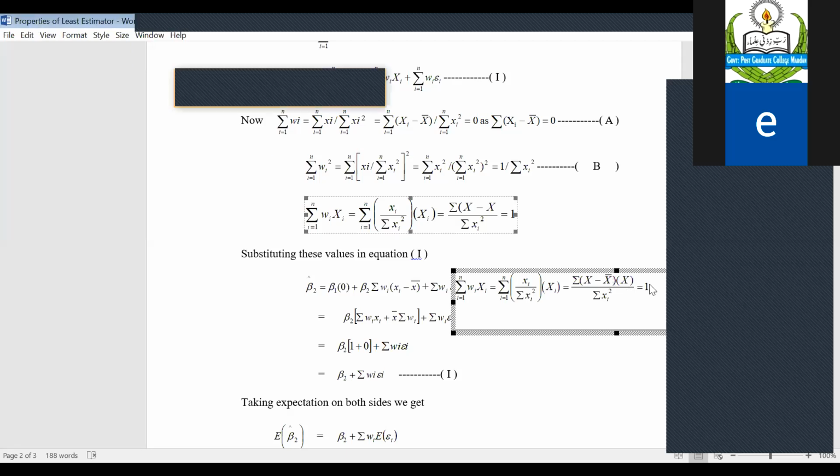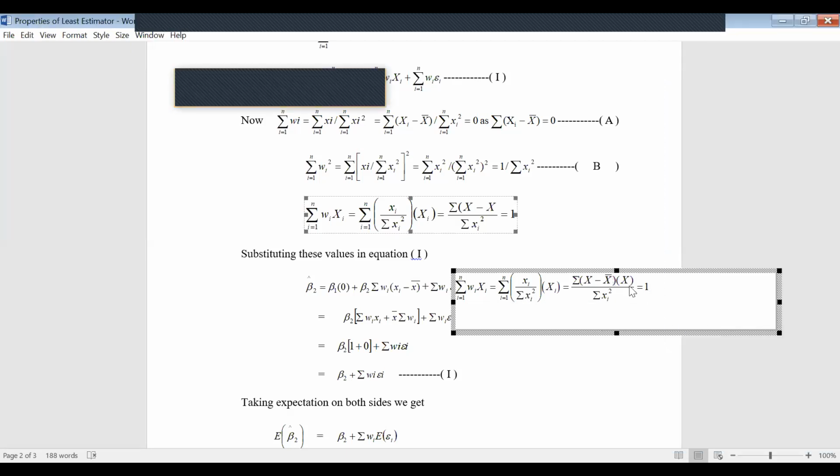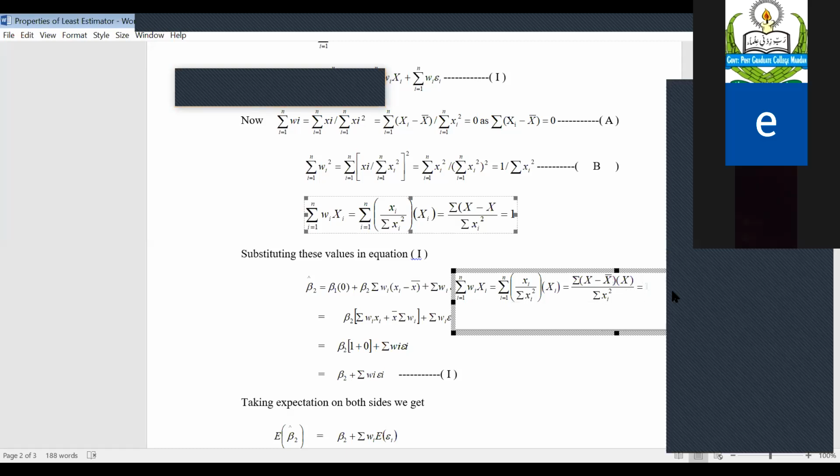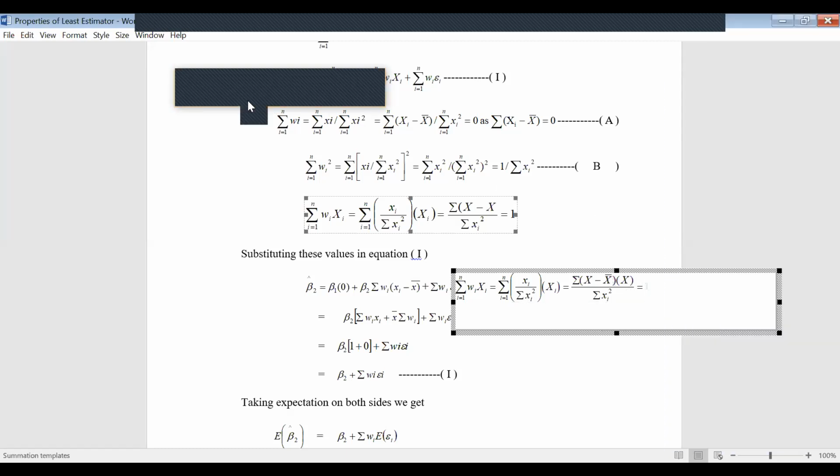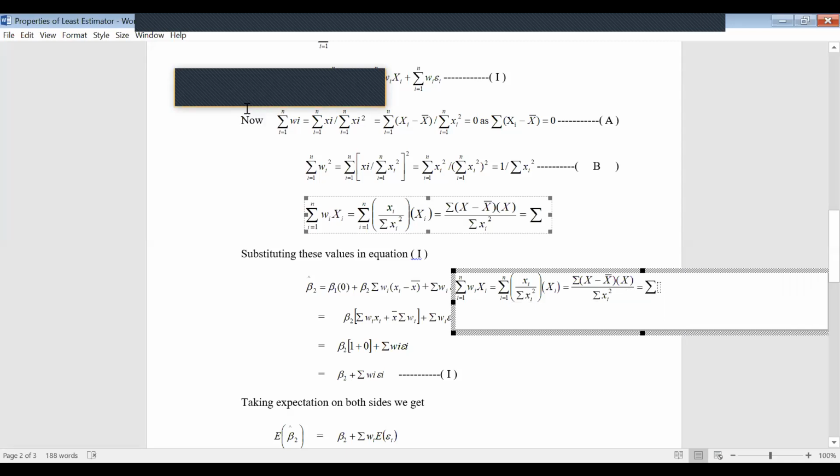So this is equal to summation. We have 1x and 1x, so we have 2x, and that is square, minus x bar.